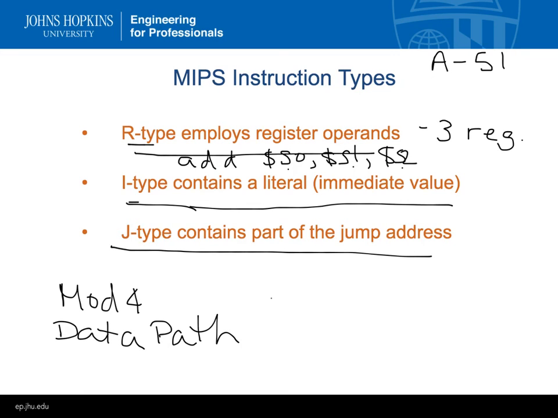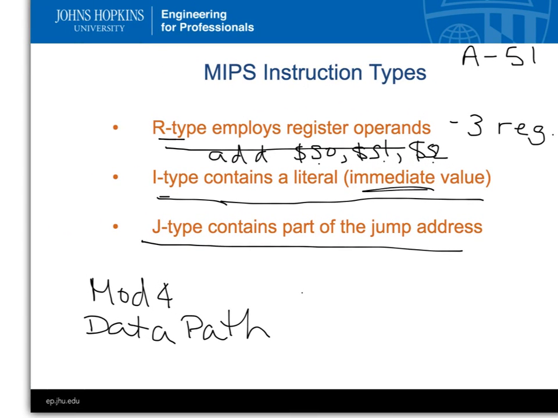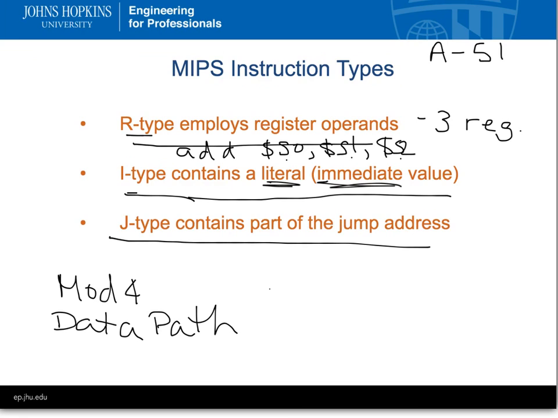An I type instruction is going to do an operation with a value from a register and an actual value that you give in the instruction, and put the result in a register. So I type is also called immediate, and it contains a literal. A version of this would be addi.